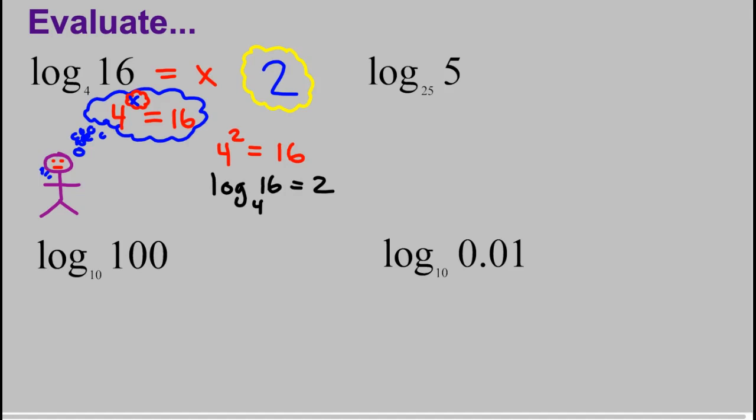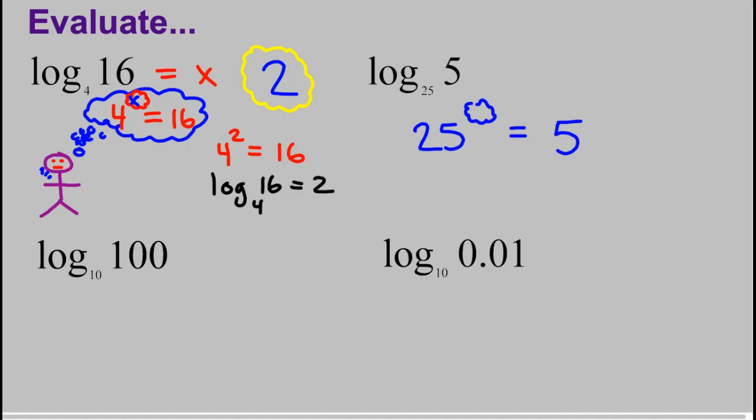Next one's a little harder. 25 to what power equals 5? Dylan? 1/2 power.